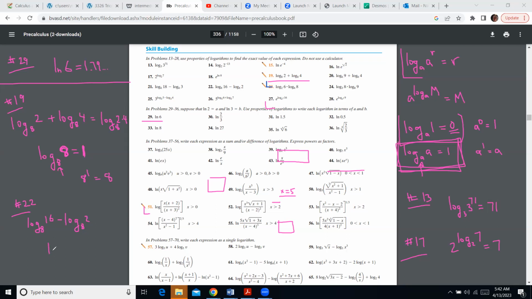In other words, I end up here with a logarithm base 8 of 16 divided by 2, which is actually 8. And logarithm base 8 of number 8 is equal to 1. So this is my actual result from the previous exercise, right?